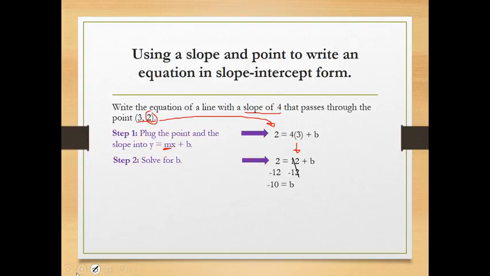Now we have all the pieces of information we need to write the equation of the line in slope-intercept form. We have the slope that was given to us, and we just figured out what the b, the y-intercept, was. So I plug those values back into our equation, and I get that the equation of this line is y equals 4x minus 10.